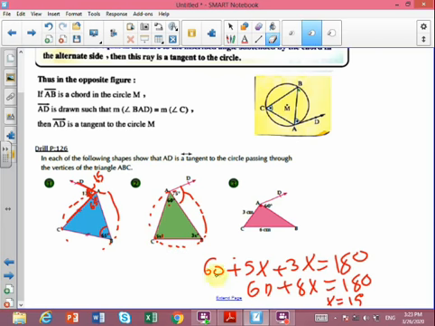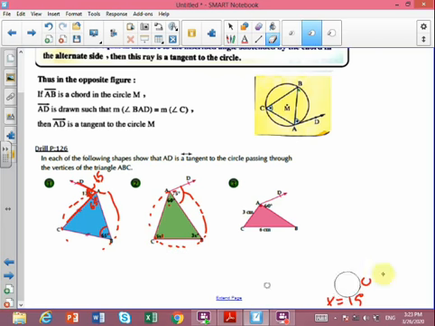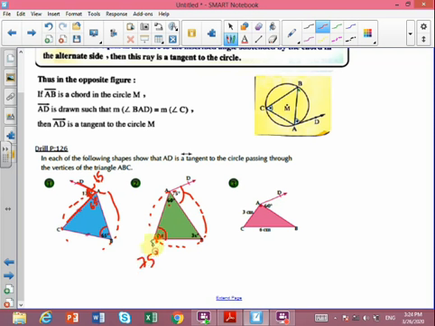So angle C is 5 times 15, which equals 75. Since angle DAB equals angle C, AD is a tangent.